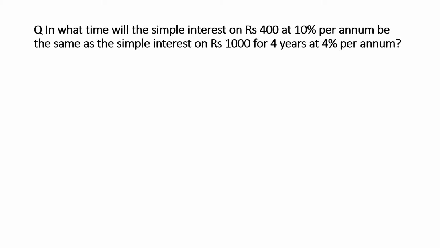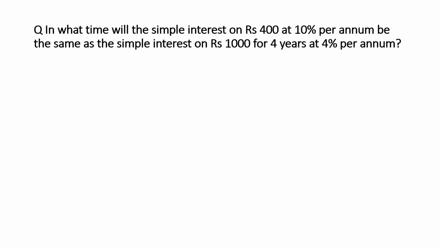But in this case, the simple interest which we need is not given, but it is related to the next statement, that the simple interest will be the same as the simple interest on 1000 rupees for 4 years at 4%. In the second part, principal is given to us 1000, rate of interest 4%, time 4 years.